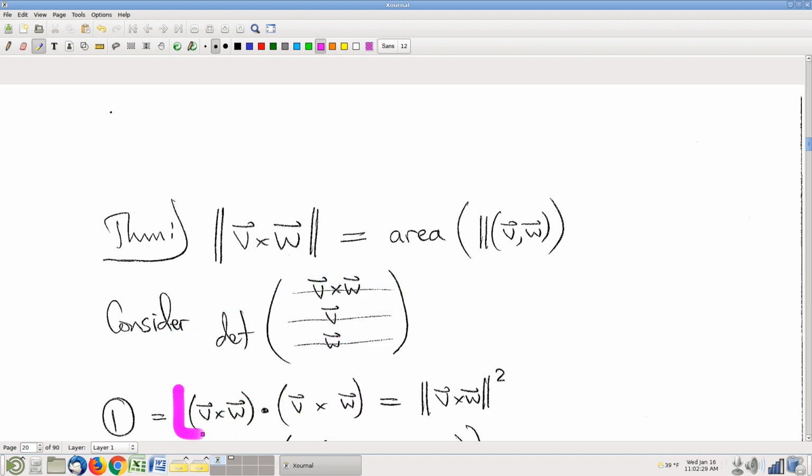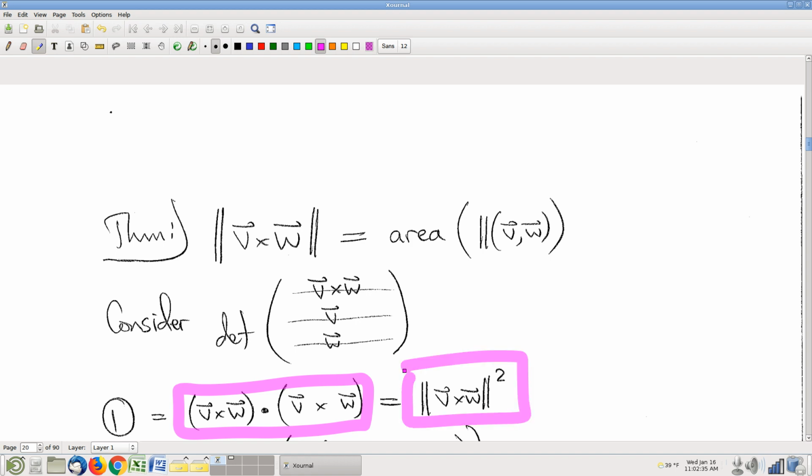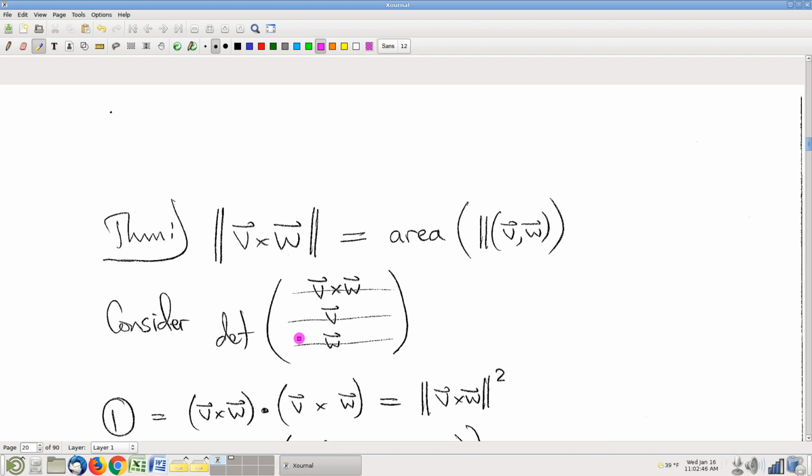Oh, having written that down, we notice that this particular triple product happens to be a dot product of a vector with itself, and therefore magnitude squared. So that's one calculation here, which is, by the way, not what we're interested in. We're interested in two completely different things. So it's not clear what we've gained by showing that that's equal to that. Let's set that aside for the moment.